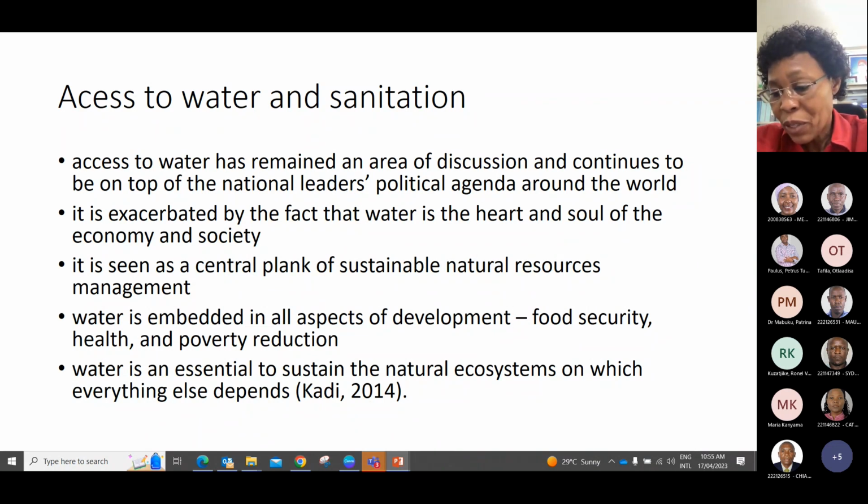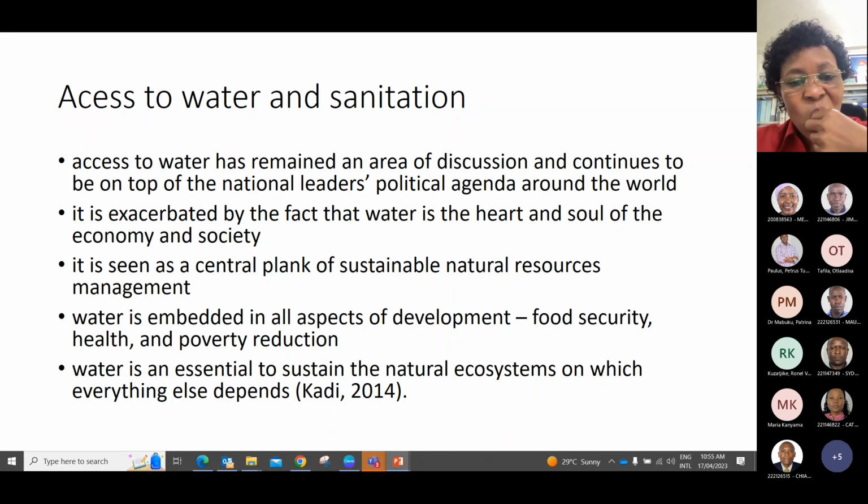Look at where there is plenty of water, and then look at the poverty variables or wealth variables. You'll find a very clear link that shows you wherever there is water, poverty has been reduced, as opposed to places where there's no water.